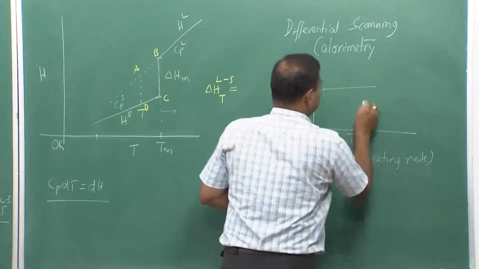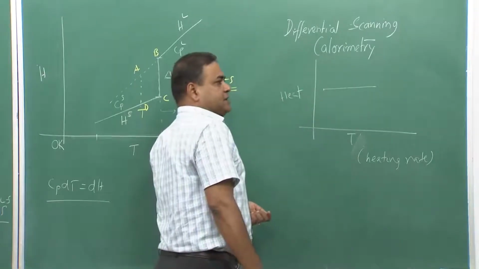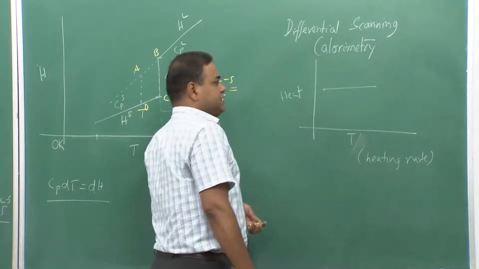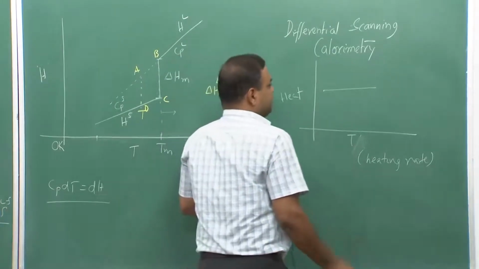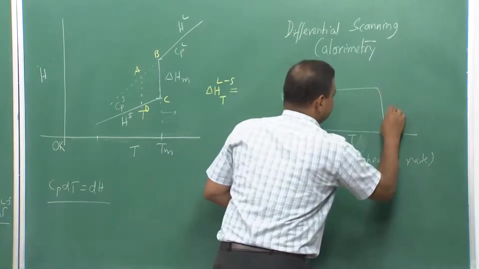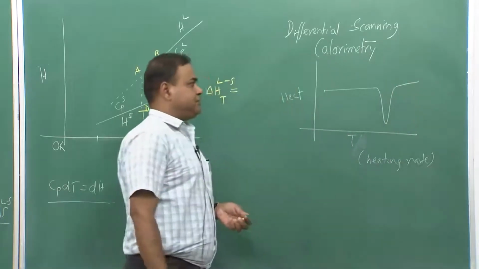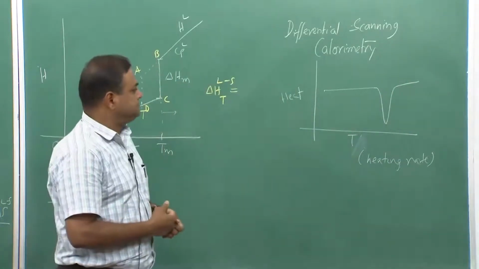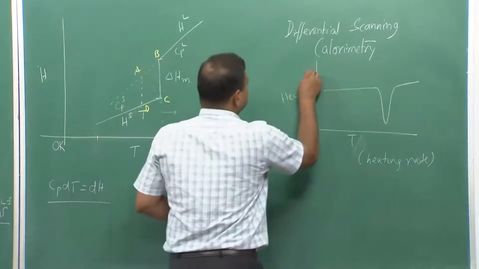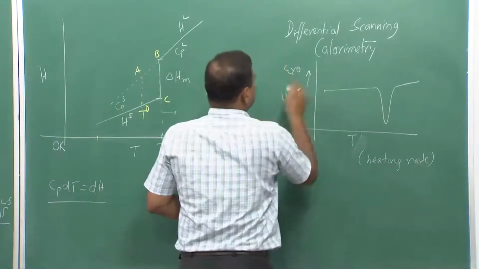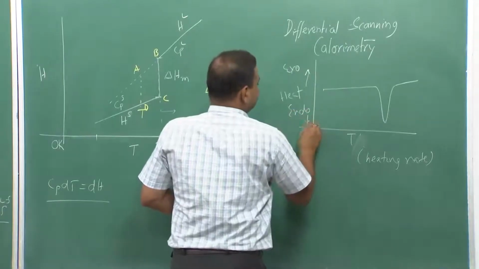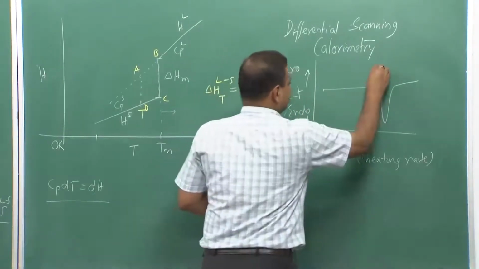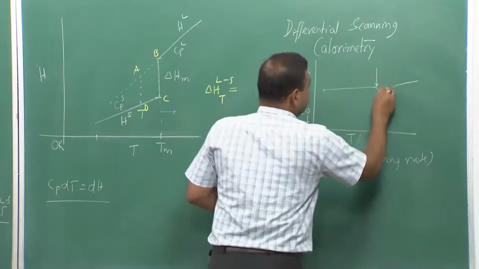And if we try to see a pure metal DSC pattern, DSC trace, when it melts, it is an endothermic reaction. So, you would get a plot like this, it absorbs heat.